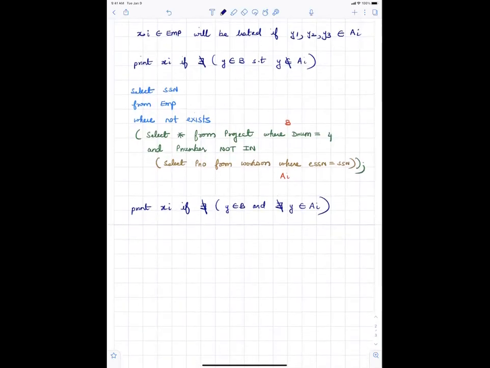If I convert it into SQL, I'm directly converting the relational algebra query into SQL. So it's again select SSN from M where not exists.